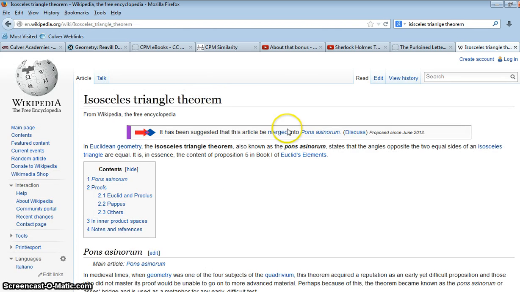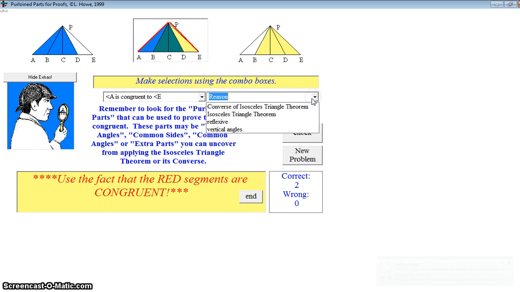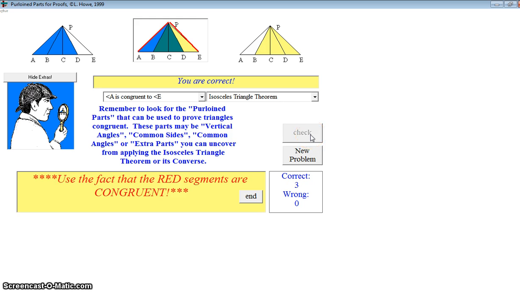Wikipedia tells us that the isosceles triangle theorem states that the angles opposite the two sides of an isosceles triangle are equal. Is that what we see? Or do we see the converse or the opposite? Let's check.